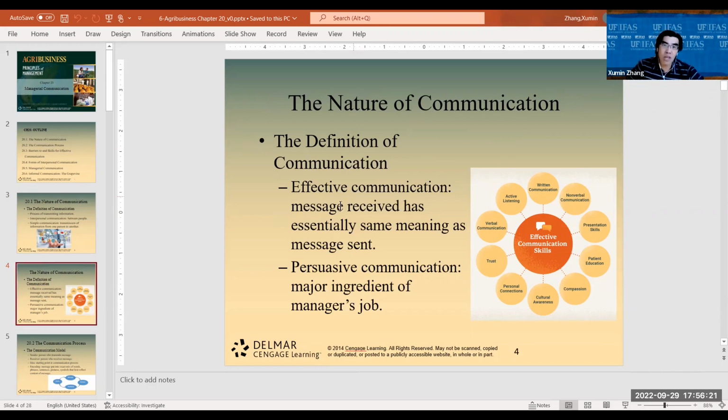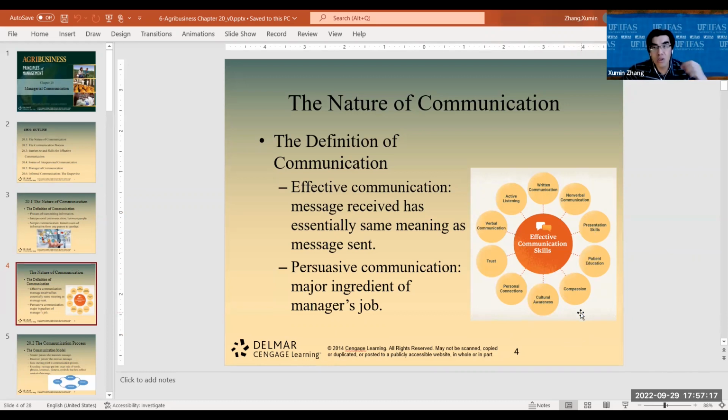For effective communication, we make sure that when the message is interpreted by the receiver, it has exactly the same meaning. So this involves a lot of components: verbal, nonverbal, written communication, right? You can pick the most effective way to communicate.